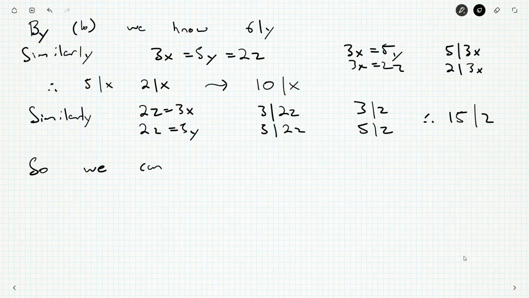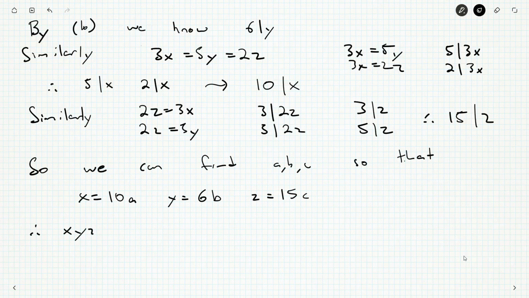So we can find a, b, and c so that x is equal to 10a, y is equal to 6b, and z is equal to 15c. And for our product, xyz is going to be 10 times 6 times 15 times abc.